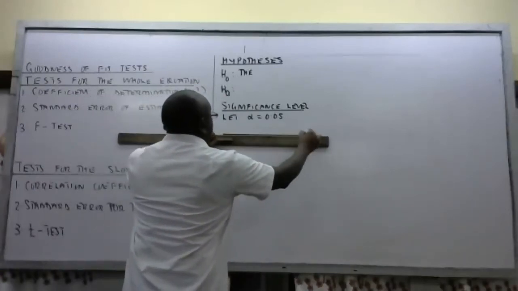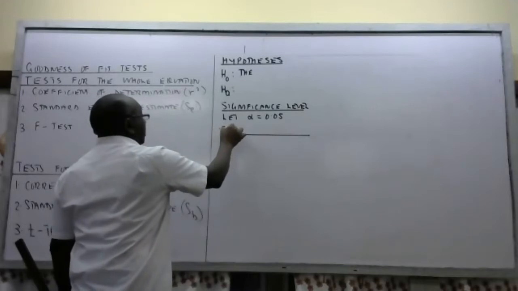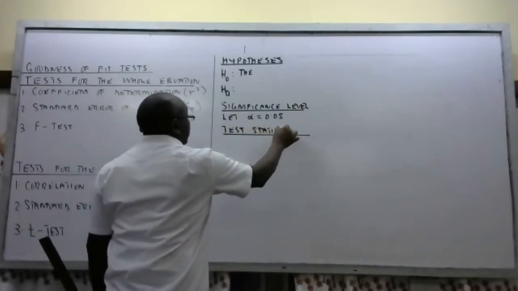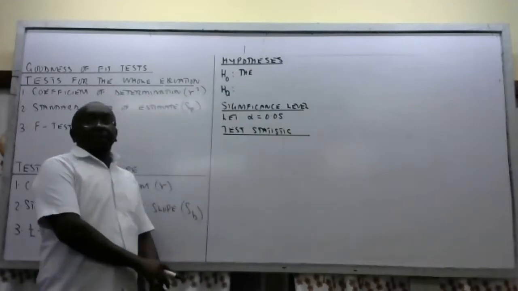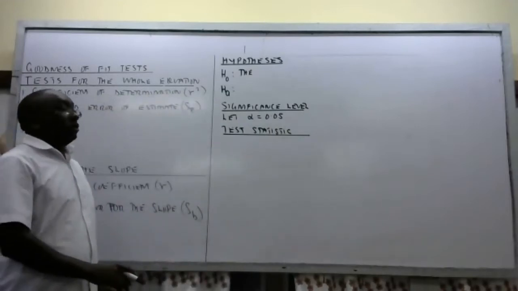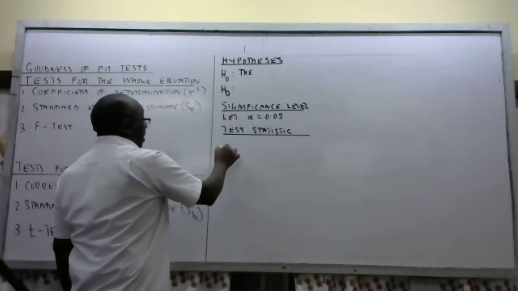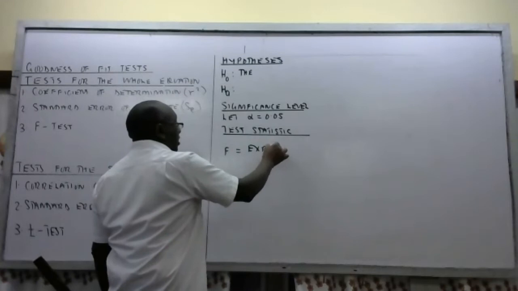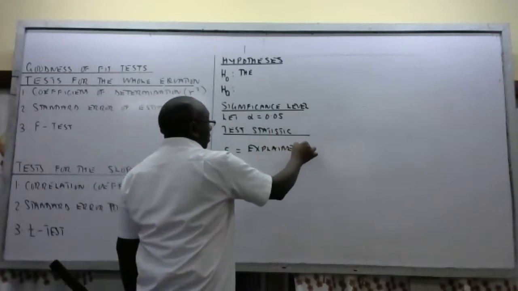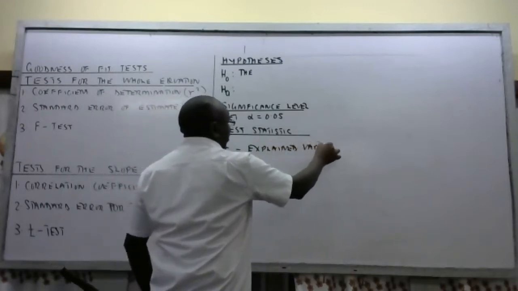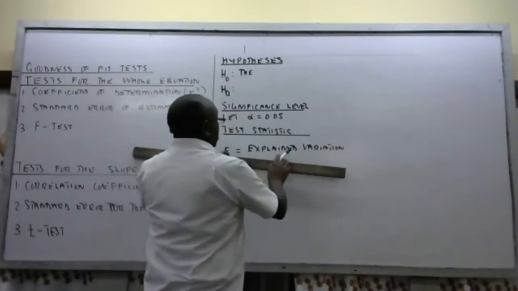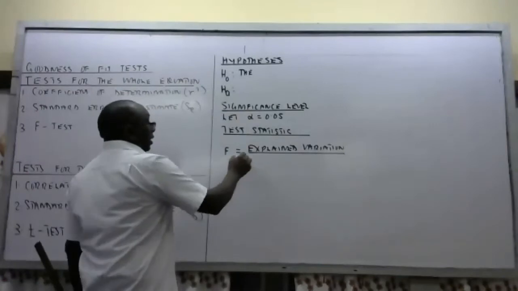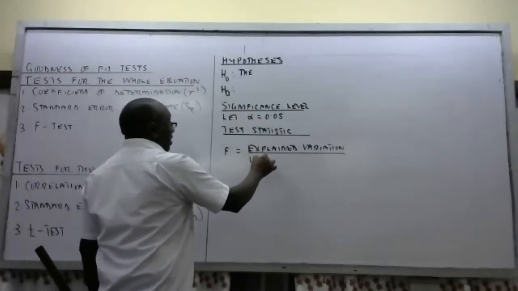The third step is called test statistic. So test statistic is given as F equals explained variation divided by unexplained variation.